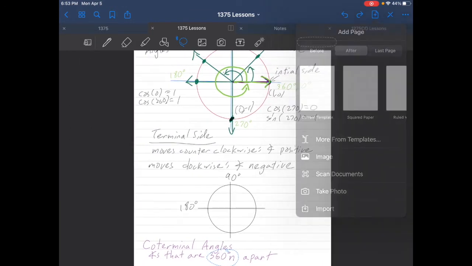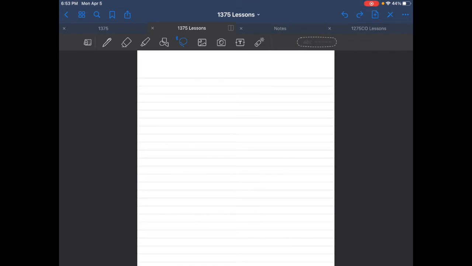I will illustrate this once again. Let's take a look. Again, on top of an XY axis. I will draw an angle here. This is the initial side. And let's say the terminal side goes here. Right?